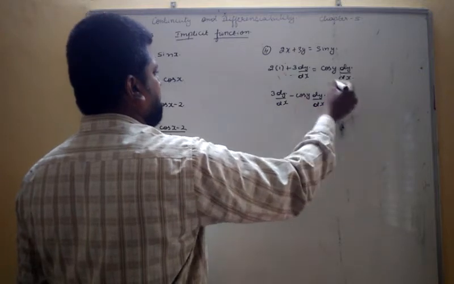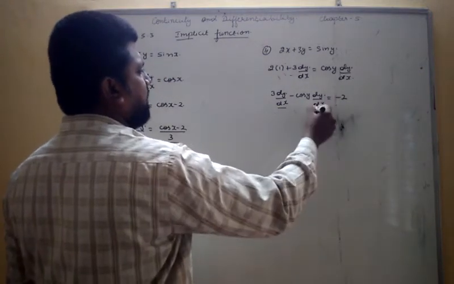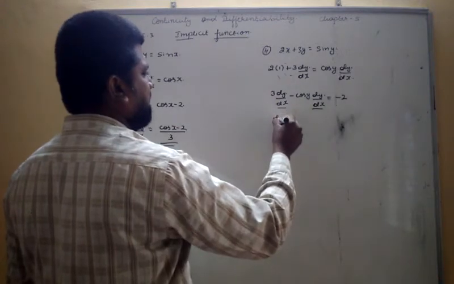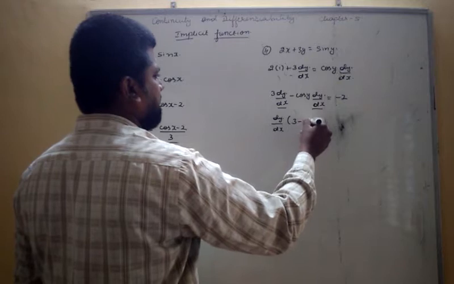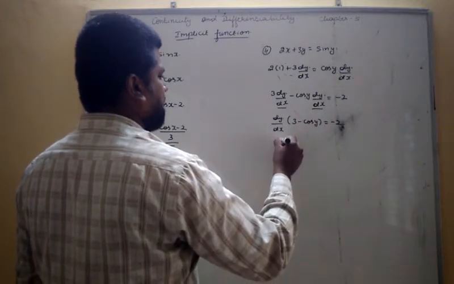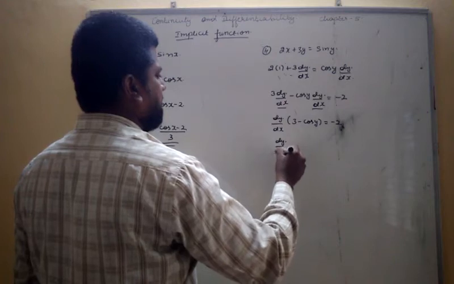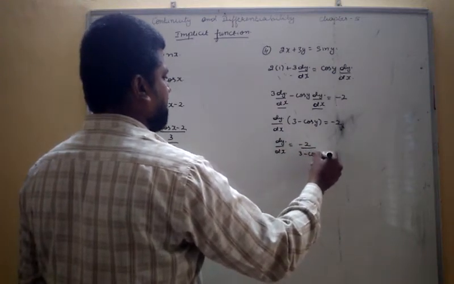Then if you shift 2 to the right side, it is minus 2. Then in this you can take dy by dx as common. If you take dy by dx as common, what is the remaining thing? 3 minus cos y is the remainder, that is equal to minus 2. So dy by dx is equal to minus 2 by 3 minus cos y.